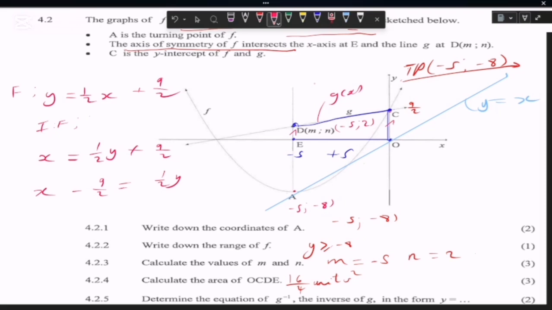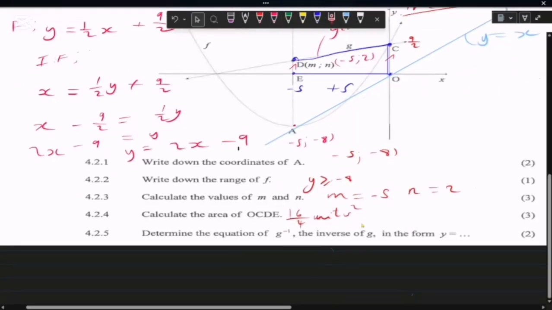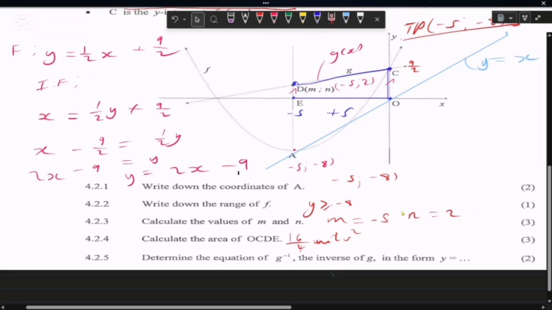So we can say 2x, 9 over 2 times 2 will just be 9, and then this one will be y. So basically, the equation of the inverse function is y is 2x minus 9. Okay, so this is the answer for our last question, 4.2.5.